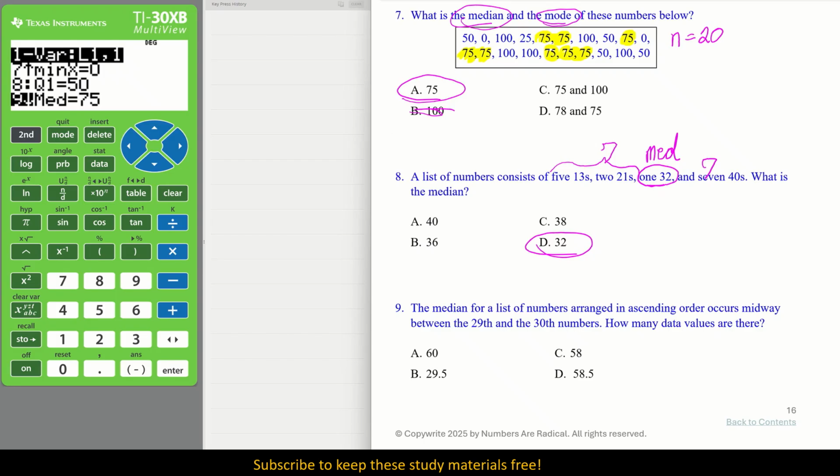Now let's look at number 9. The median for a list of numbers arranged in ascending order occurs midway between, okay, this is good, between the 29th and the 30th numbers.